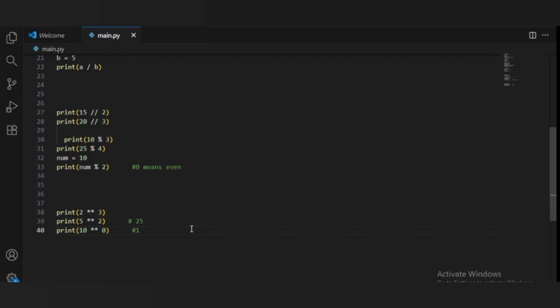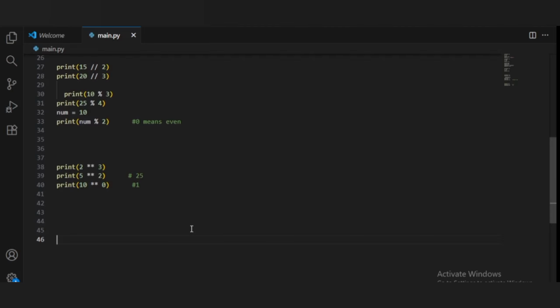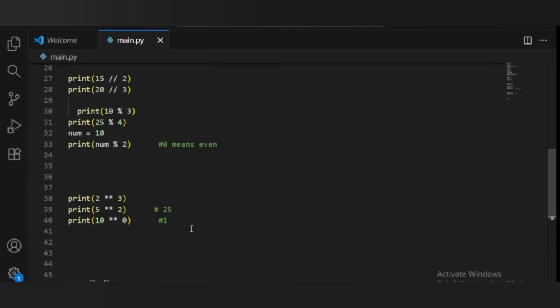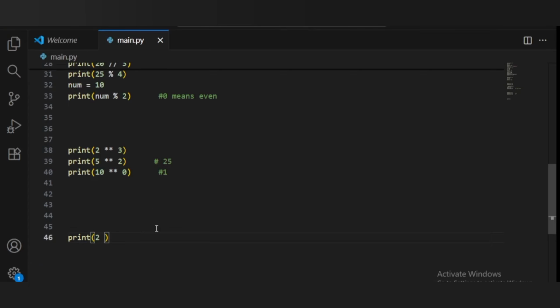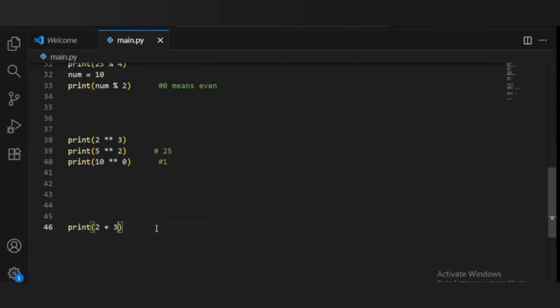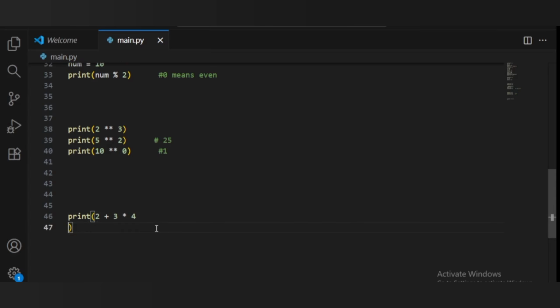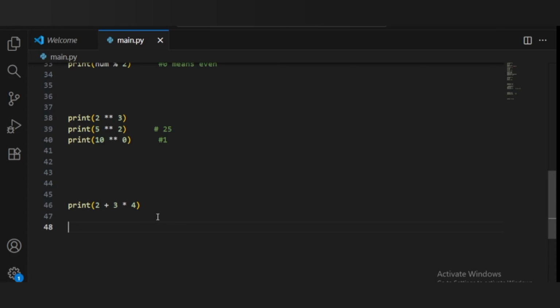Now I'm talking about combining multiple operators. Python follows operator precedence. For example, print 2 plus 3 times 4.